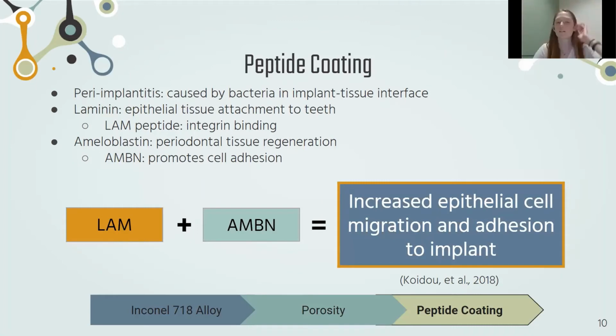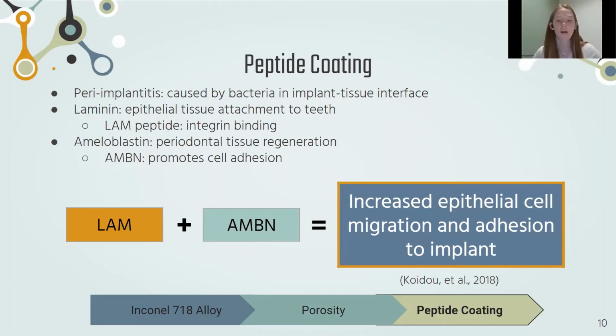And also, as discussed briefly earlier, peri-implantitis is a major issue with current dental implants. It's often caused by bacteria that enter the implant tissue interface due to a lack of integration between these two materials. Recent studies have shown that peptide coating can help improve cell growth on implant surfaces.